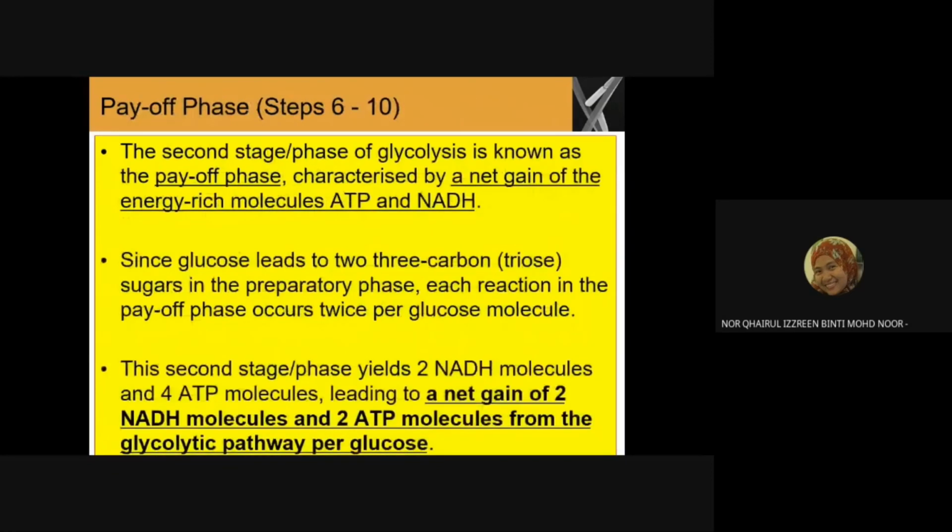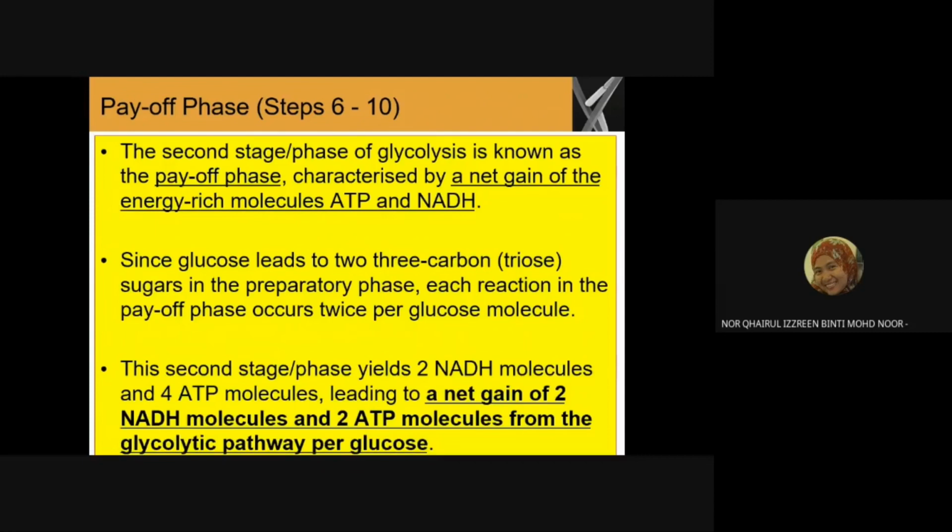The second stage of glycolysis is known as the payoff phase, and it is characterized by a net gain of ATP and NADH. Even though it has used ATP in the earlier stage, the second stage can produce more ATP and pay off the ATP that has been used in the first stage.